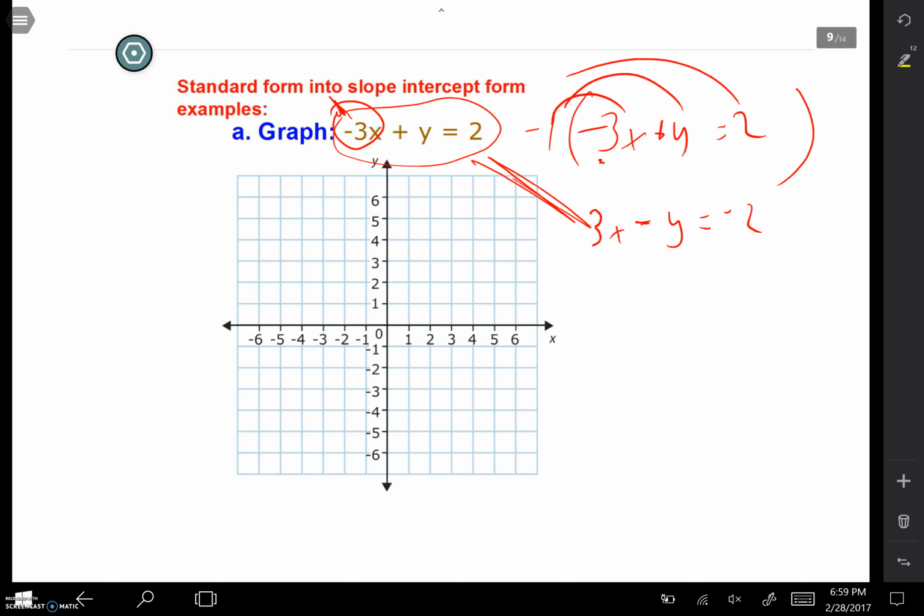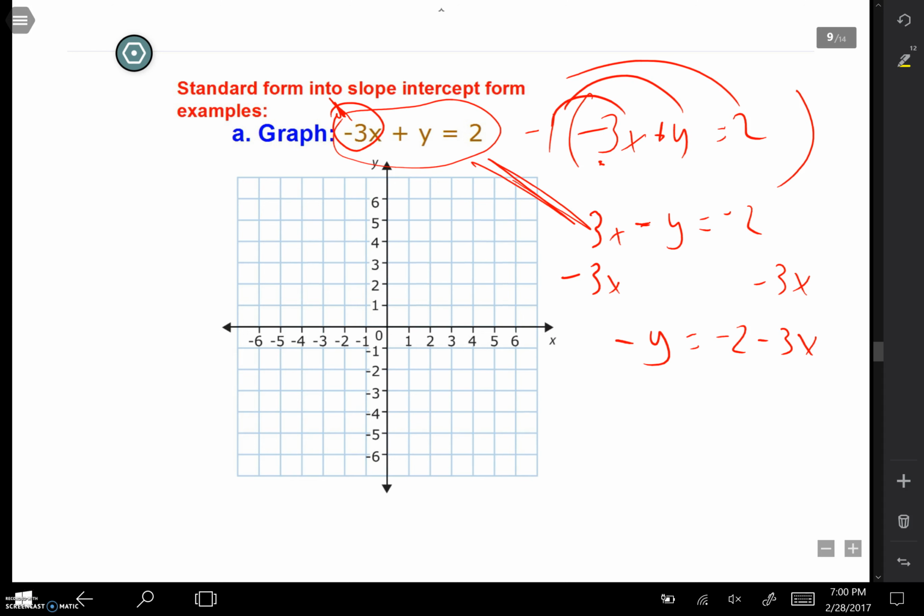Since the coefficient of y is already 1, or in this case negative 1, I'm going to do method 1. Subtract 3x, subtract 3x. I get negative y is equal to negative 2 minus 3x. I am going to divide by negative 1, and I get y is equal to 2 plus 3x.